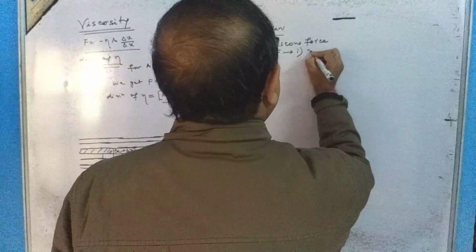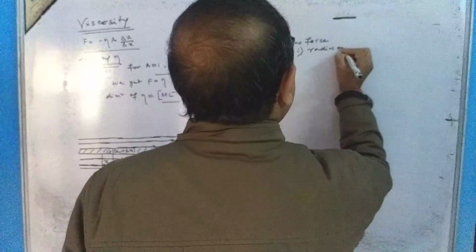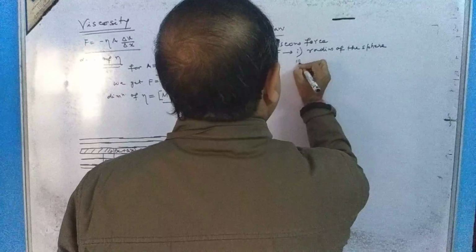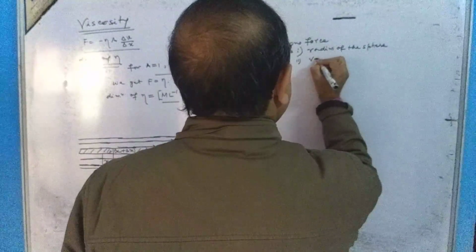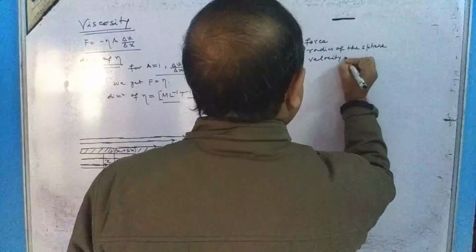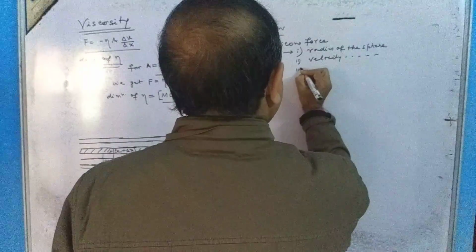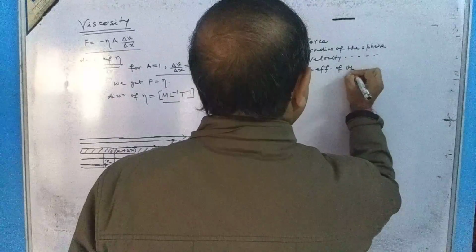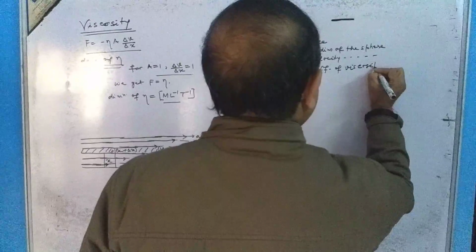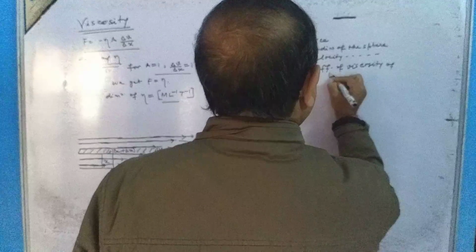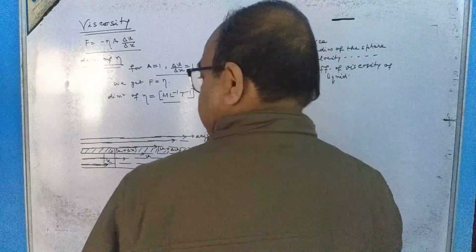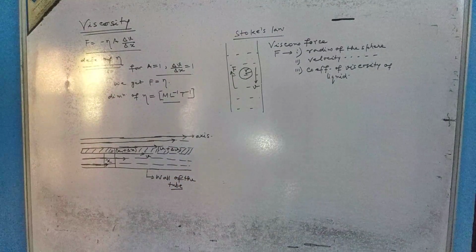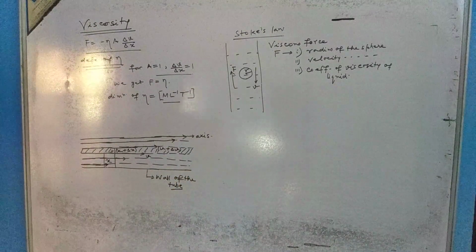Number 1, radius of the sphere. Number 2, velocity of the sphere. And number 3, coefficient of viscosity of the liquid. It will depend upon these factors.